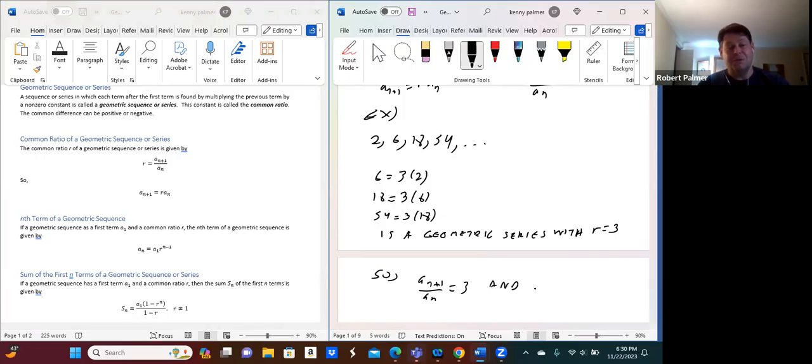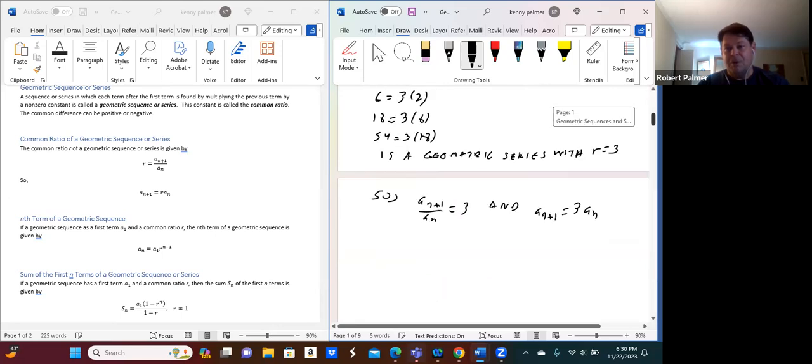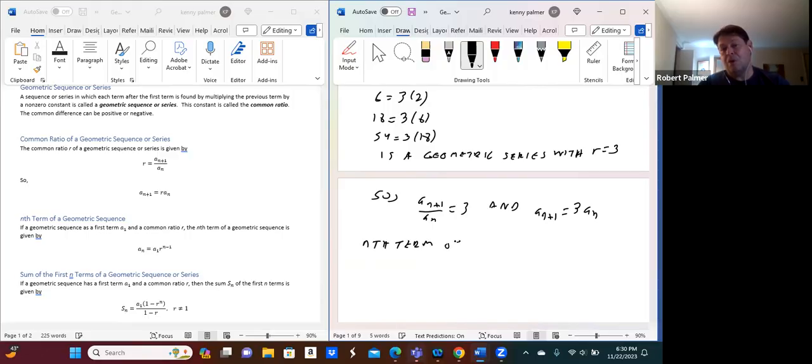This also says that A(n+1) is equal to 3 times AN. So to get from one number to the next, we just multiply the previous number by 3. Next, we'll look at the nth term of a geometric sequence.